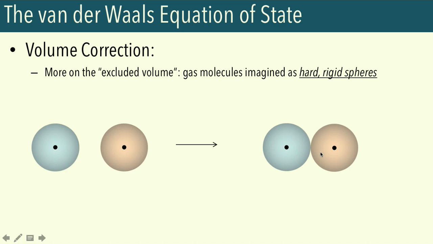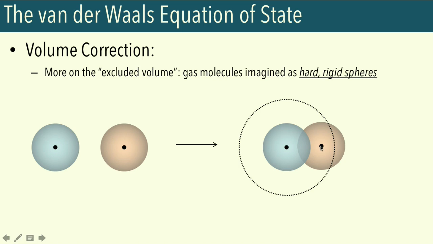We could draw out a circumference of closest approach. This is the closest that this orange molecule could approach this blue molecule. If the center of this orange molecule is going to be inside this region, it's not going to be possible. Imagine again that you're trying to push two billiard balls closer to one another. Here you start having their volumes overlapping, so this cannot happen.